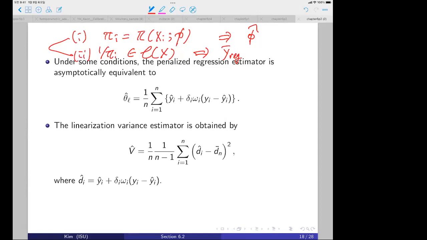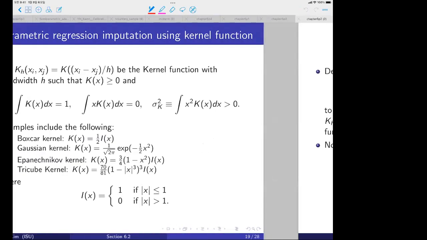Okay, page 20. Very good. Yeah, because for nonparametric regression, we have some kernel.